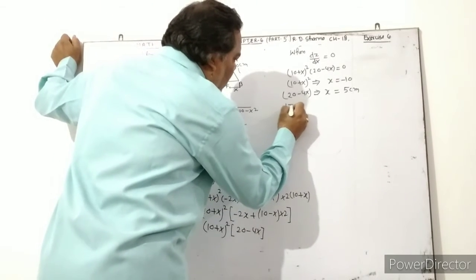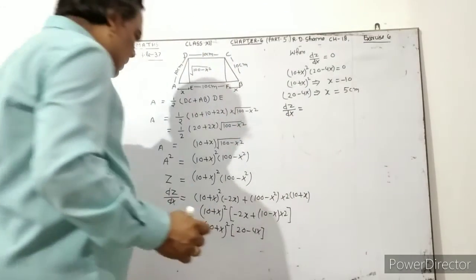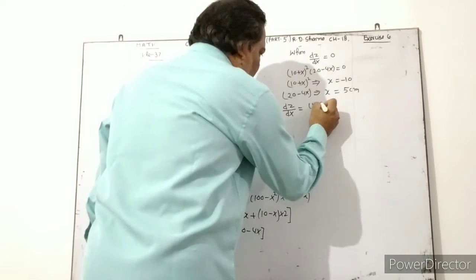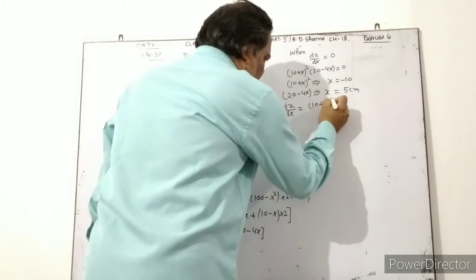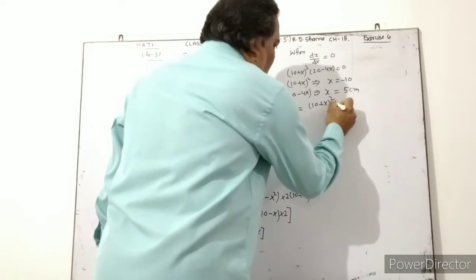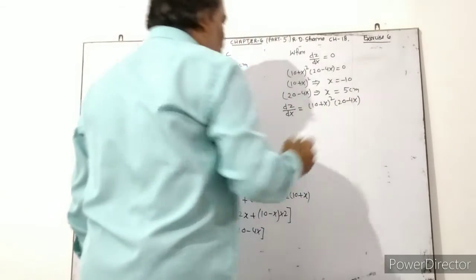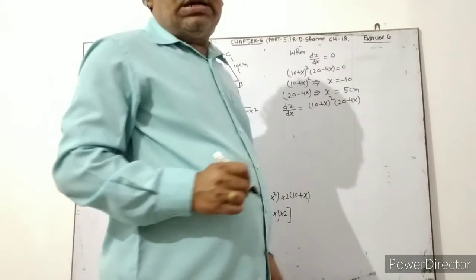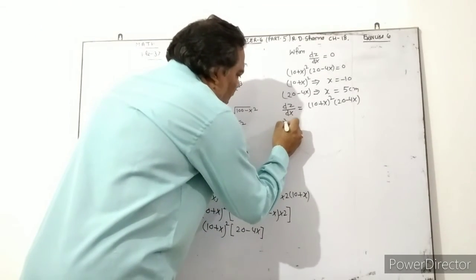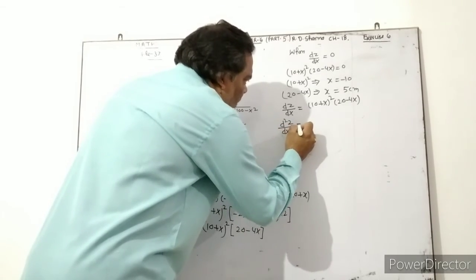First order derivative dz upon dx is 10 plus x whole square into 20 minus 4x. Now you differentiate again, second order derivative, d2z upon dx square.